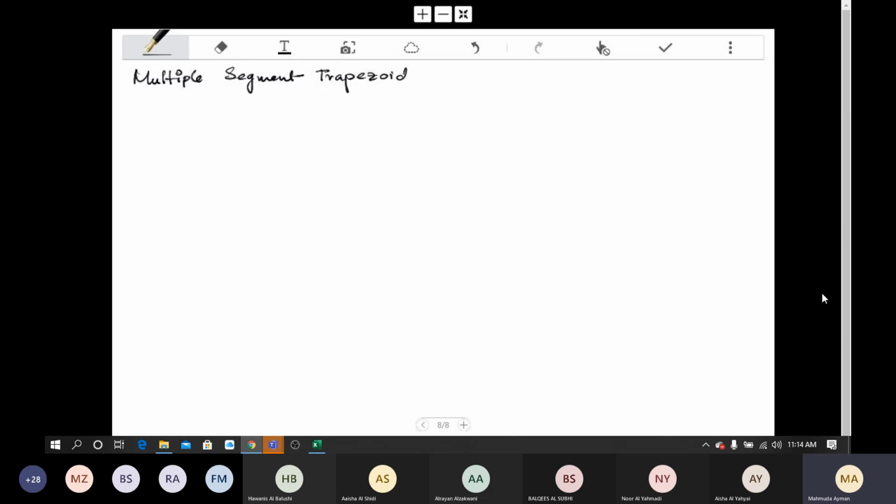Trapezoidal rule error. So we'll now work on the error derivation for the multiple segment.